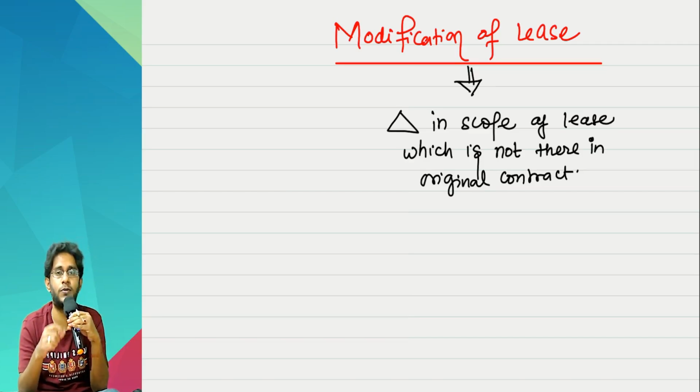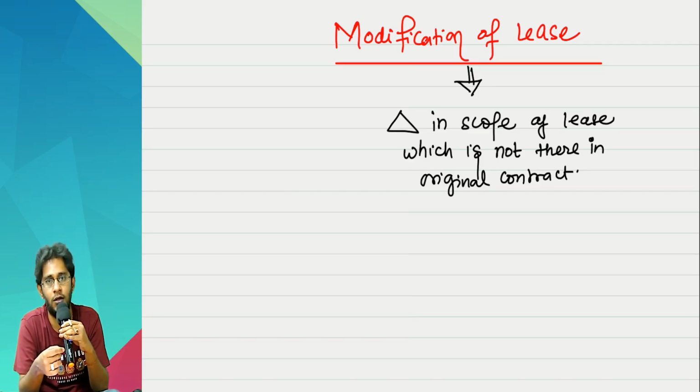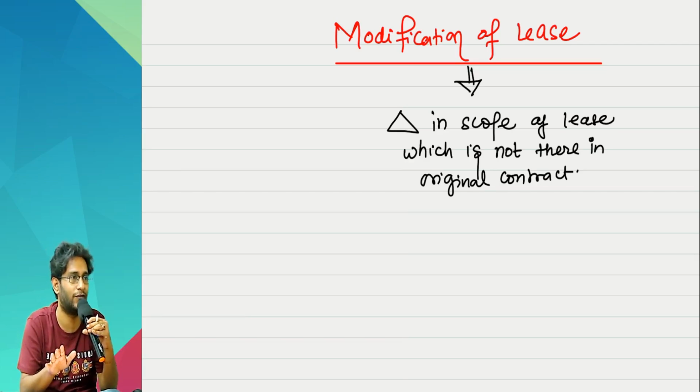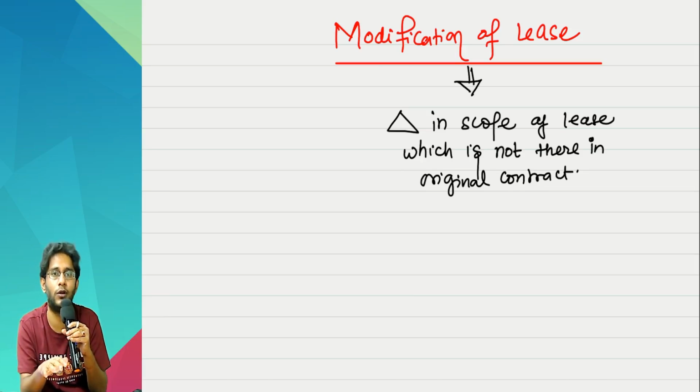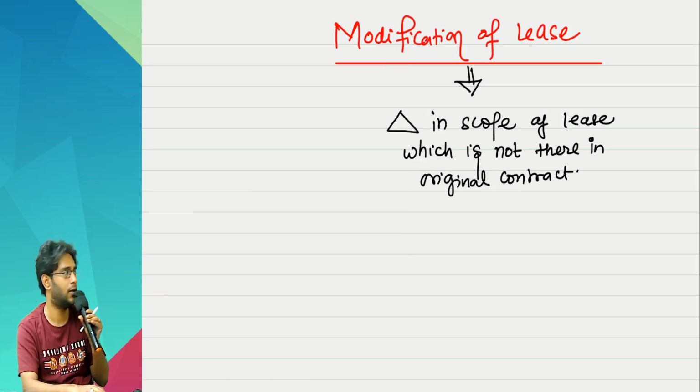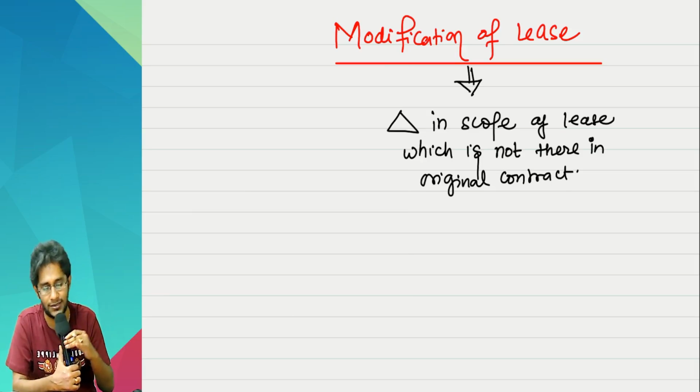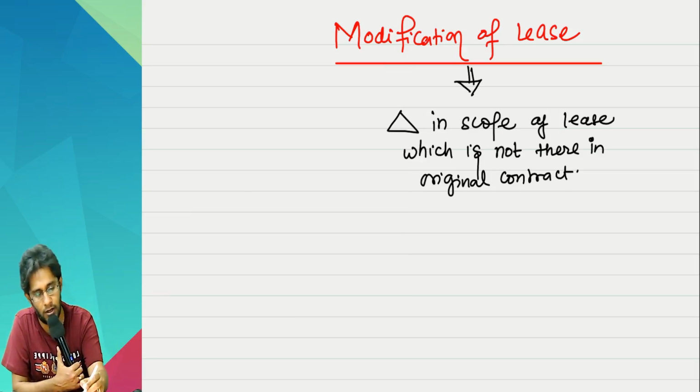5-year lease, option to extend for another 3 years. You may choose to exercise, you may not choose to exercise, you reassess. They are not called modifications. Modification means talking something which was never allowed in the original agreement. That is called modification. It sounds the same, but they are not the same.